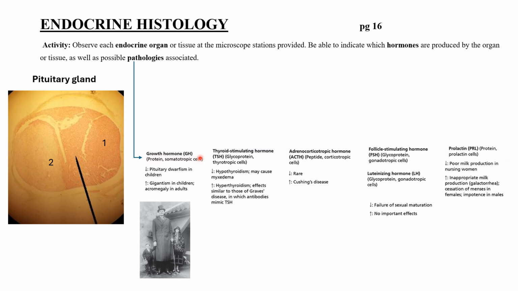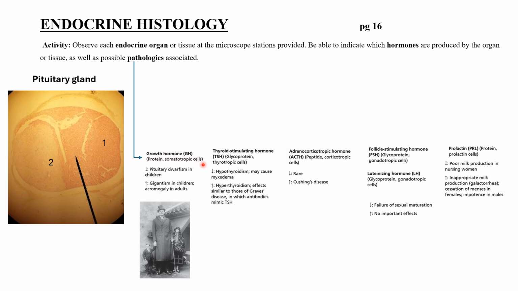First of all, we have growth hormone. Growth hormone is secreted by the somatotropic cells. Remember, for each type of hormone, there are specific cells present in the anterior pituitary, and they synthesize that specific hormone.